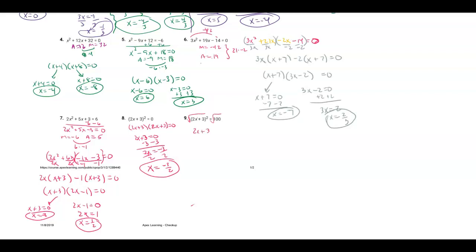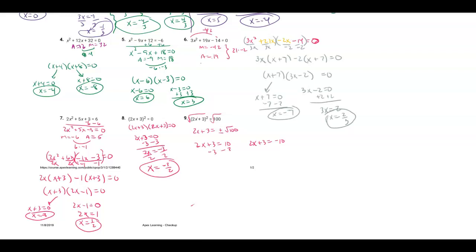You end up with 2x plus 3 equals plus or minus the square root of 100. So you get two equations now. It's going to be 2x plus 3 equals positive 10. Then the other one would be 2x plus 3 equals the negative square root of 100, which is negative 10.